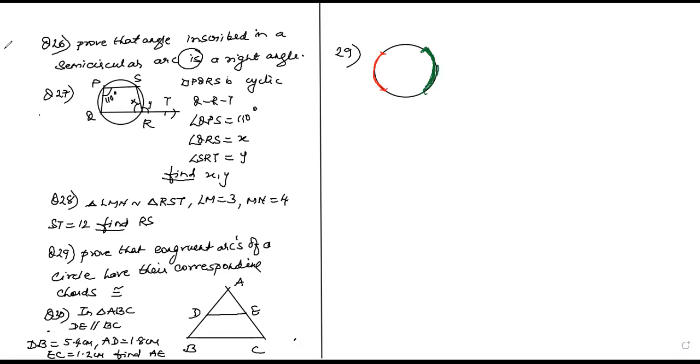This red arc and green arc are congruent. Then, please have a look here. What the theorem says is, prove that congruent arcs of a circle. Matlab, you have congruent arcs of a circle. Got it? These arcs are congruent.